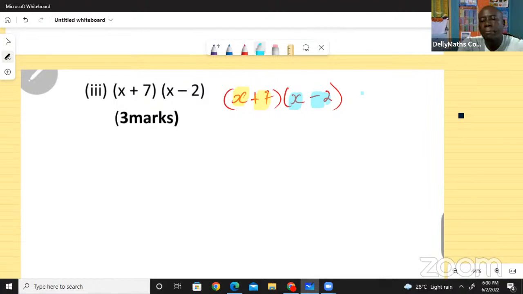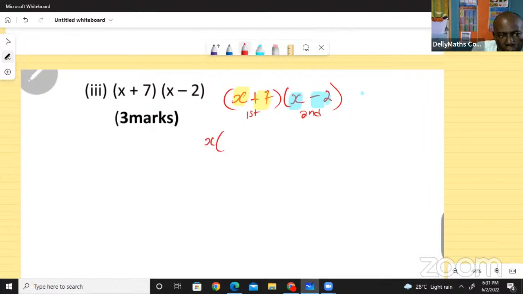Now you're going to set it down and relax. It's no rush. Now, this is the first bracket. This is the second bracket. Let me repeat. All the elements from the first bracket will be used to multiply by the elements in the second bracket. And what do I mean? This is what I mean.